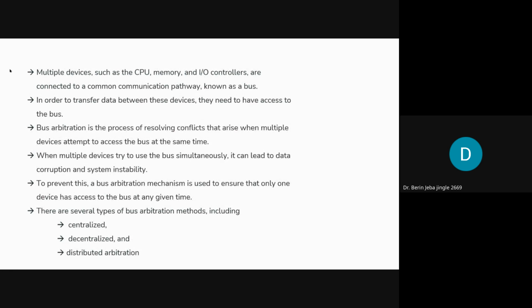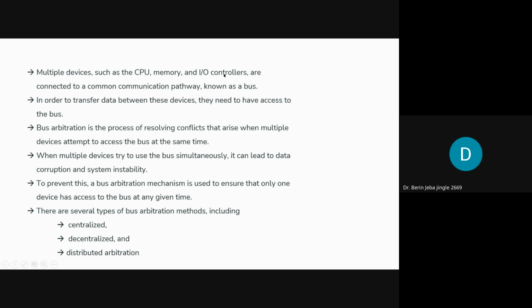So bus arbitration means what? Managing the system bus. Who is taking control of the system bus? That is the main thing, because multiple devices are there. We already studied the architecture of the bus. The system bus is connected to the CPU, IO devices, and memory.